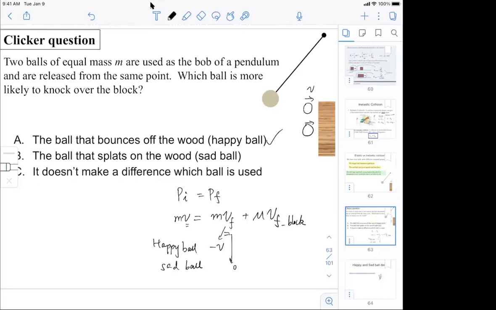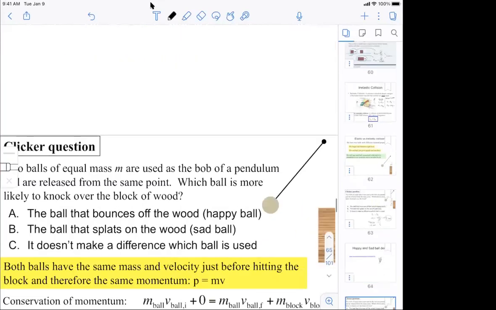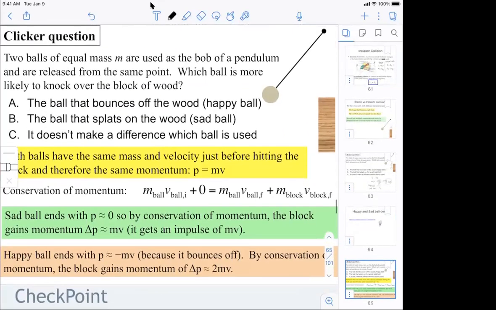So with that different vf is going to produce a different result for the block, right? As I worked out in more detail here, in order for the entire momentum to still remain mv, if the happy ball finally is moving with a negative mv to this side, then the block has to be 2mv, just so that when they add up, they're still going to equal mv, right?